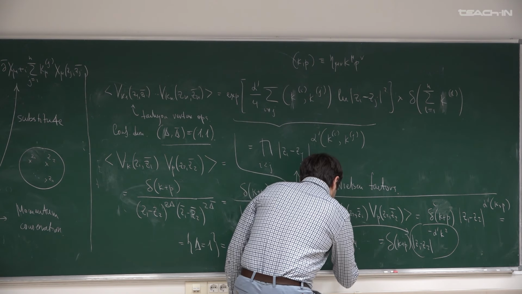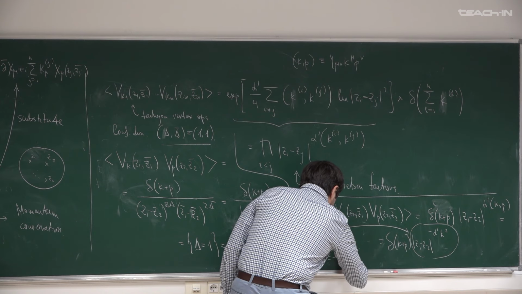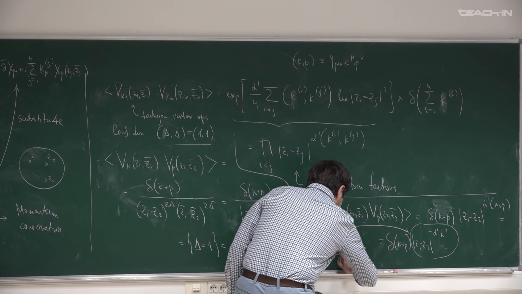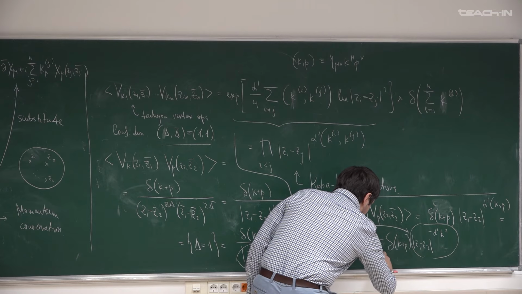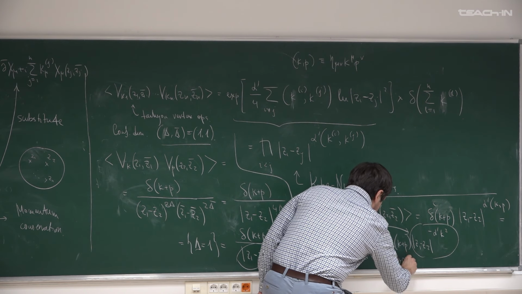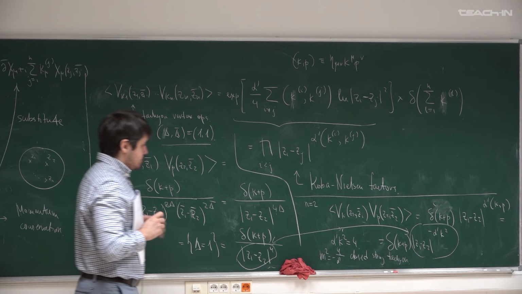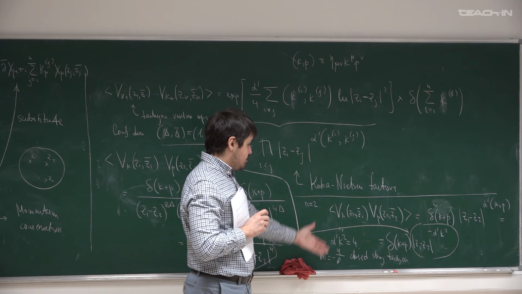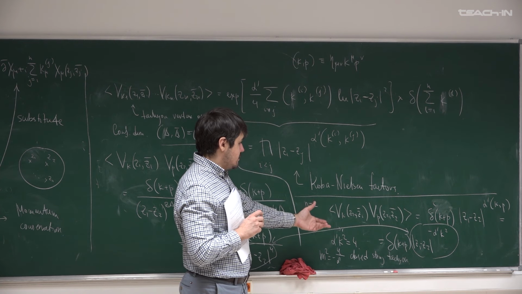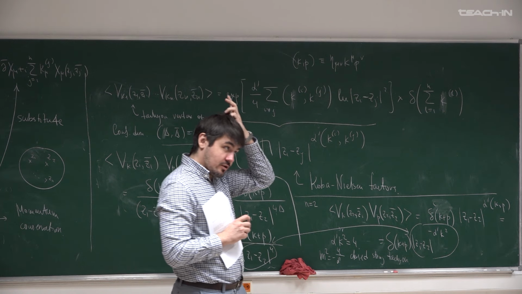So m squared is minus 4 over alpha prime. This is a closed string tachyon. So the requirement of prescribed conformal dimensions tells you that these momenta are constrained. And that's the mass shell condition.